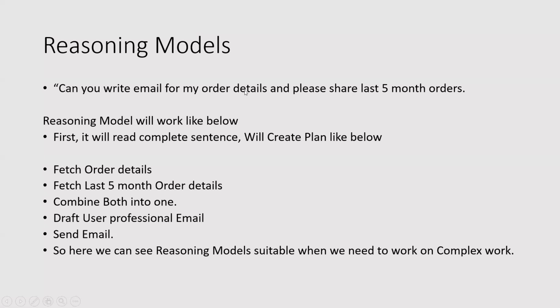What email? The order details. And what order details? The last 5 months' orders. So the LLM will provide a plan. As I am saying, every agent talks to the LLM and generates some plan. What exactly will the plan be? It will think about it. Here, I am asking to drop an email first, but all those other things come before that.